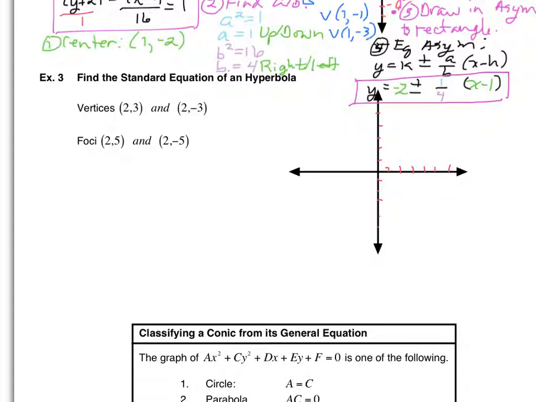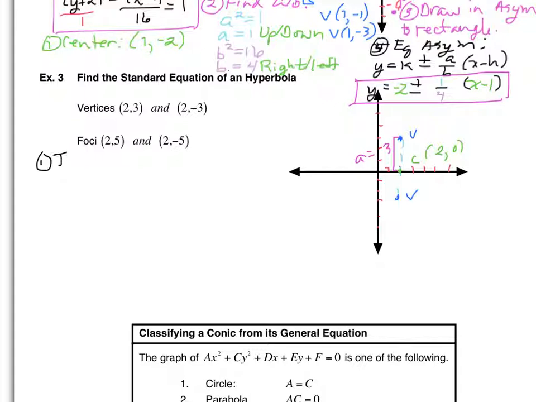All right, so we have 2, 3, vertex, and 2, -3. So our distance from here to here, and from here, so here's our A, still 3, and our center is still, but this time our center is 2, 0.